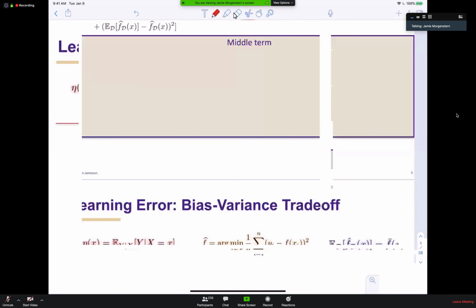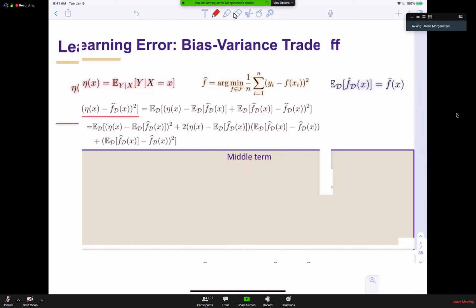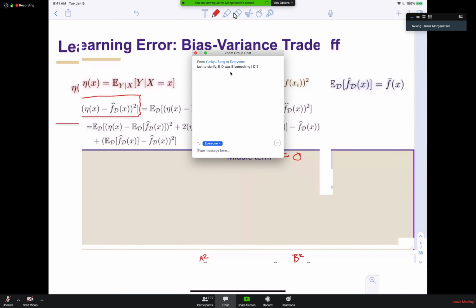Great. So when you show this middle term is equal to 0, then the entire learning error term can be described as a squared plus b squared. And this first a squared, we often use the term bias squared to refer to that.